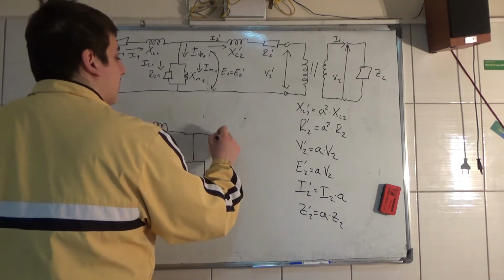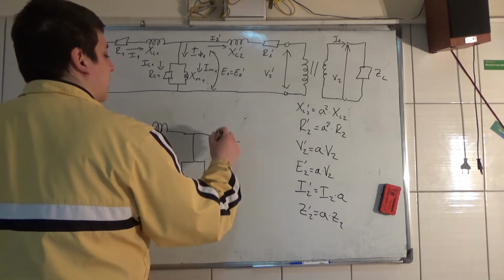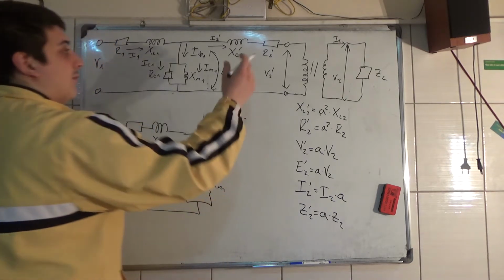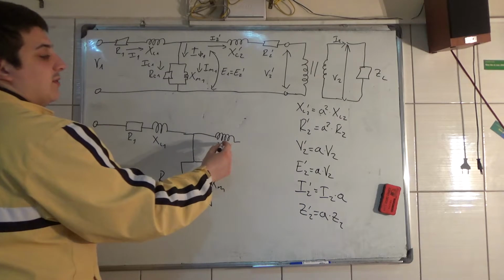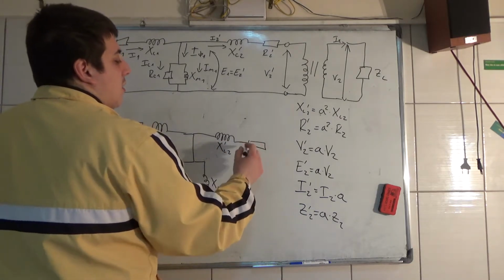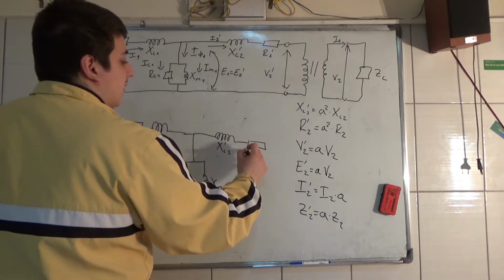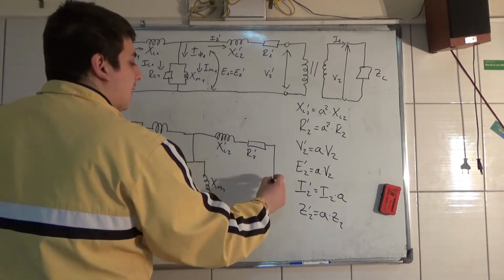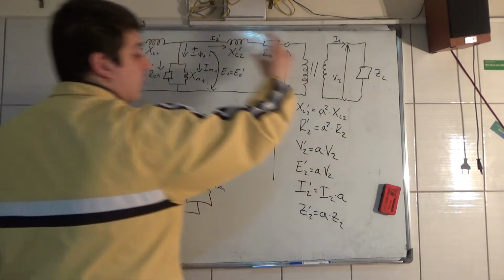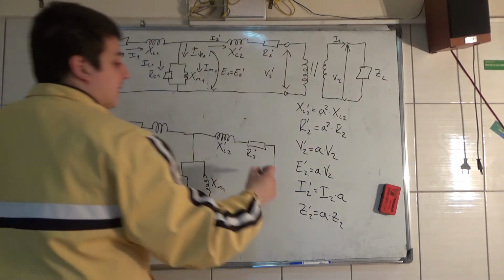Here we have the flux leakage reactance on the secondary, but the transferred value from the secondary to the primary. That's why we put this prime over here. Now we have the transferred value of the resistance of the secondary, and we have now a transferred impedance of the load on this primary side.